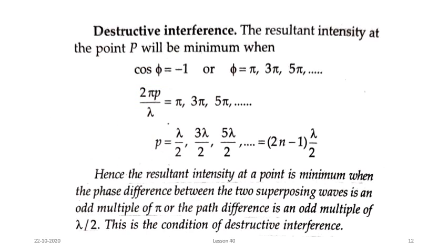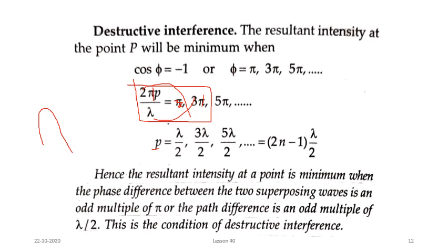Similarly, let us consider your second case. 2 pi p by lambda equals 3 pi. In this case, again pi gets cancelled. Lambda will go to the numerator, 2 will go to the denominator. So path difference equals 3 lambda by 2. Now what does this mean?